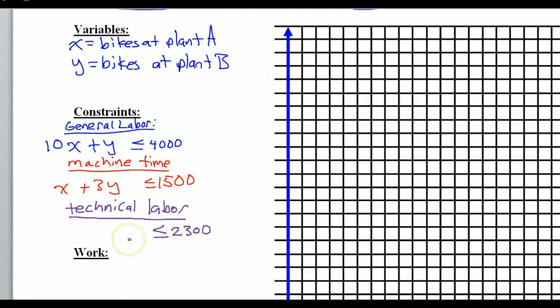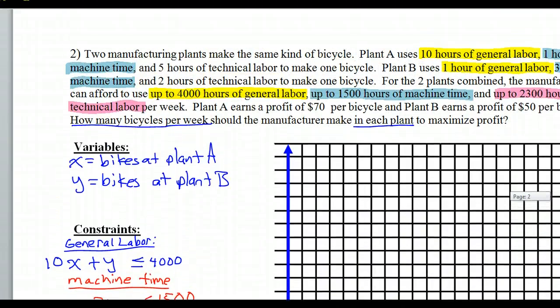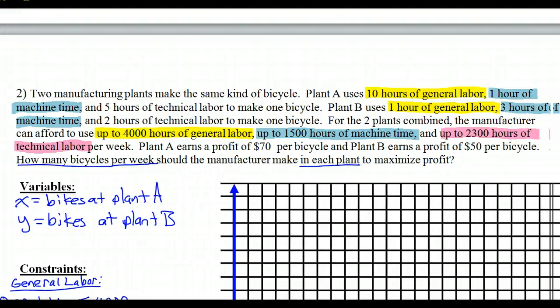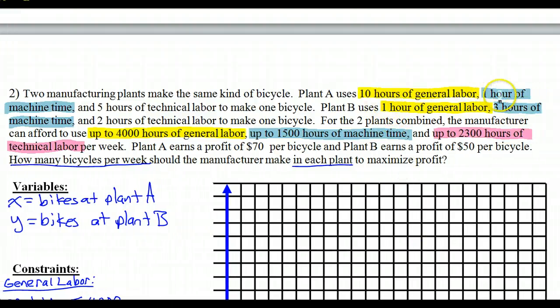So we scan through the problem looking for it to say how many hours of technical labor for plant A, how much technical labor plant B. And then that will be our inequality. So we were using pink for this. Okay, so let's see what it says. Plant A was 10 hours general labor, 1 hour of machine time, and 5 hours of technical labor.